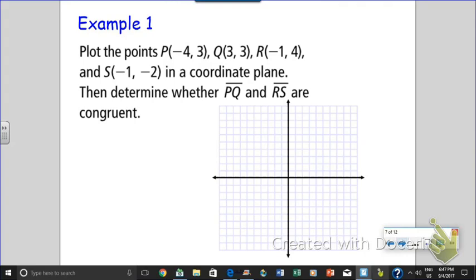Moving on, plot the points on the coordinate plane, then determine whether the segments are congruent.